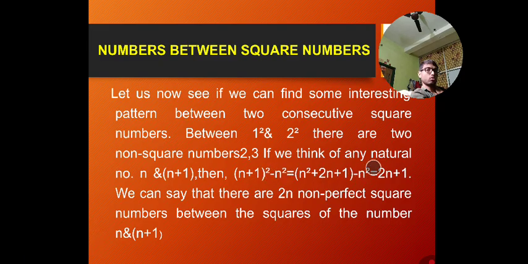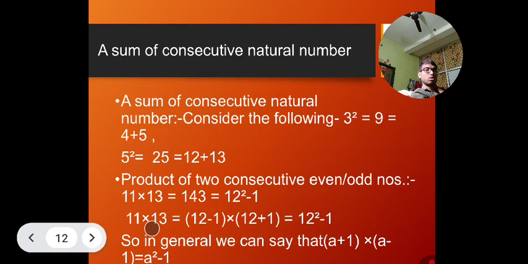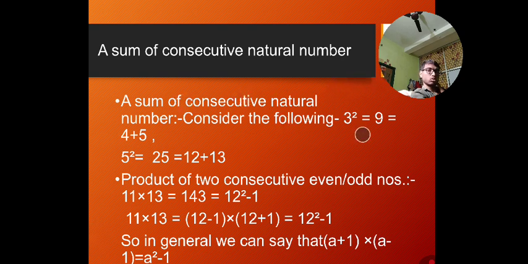If we think of any natural number n, then (n plus 1) squared minus n squared is equal to 2n plus 1. We can say that there are 2n non-square numbers between the squares of the numbers n and n plus 1. We can ignore it right now. The sum of consecutive natural numbers.